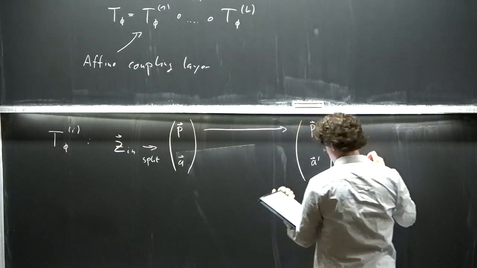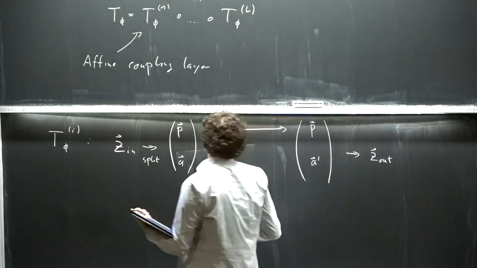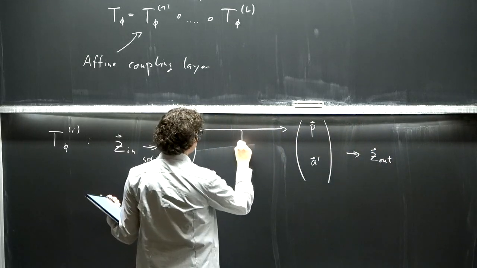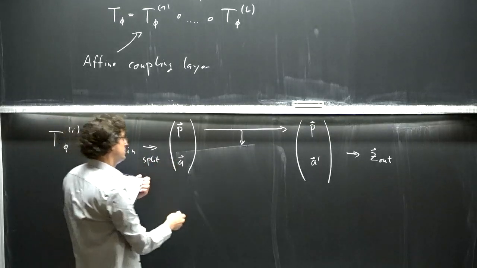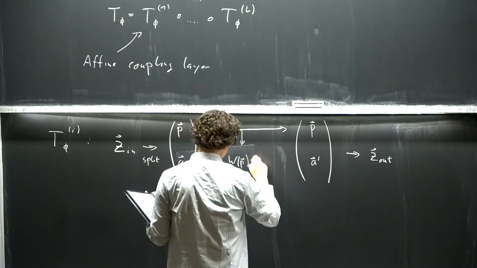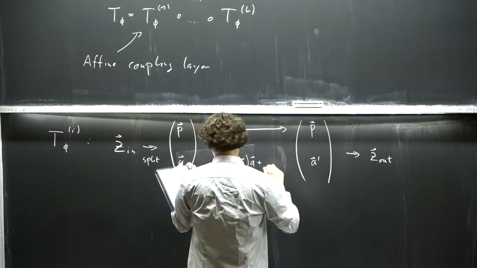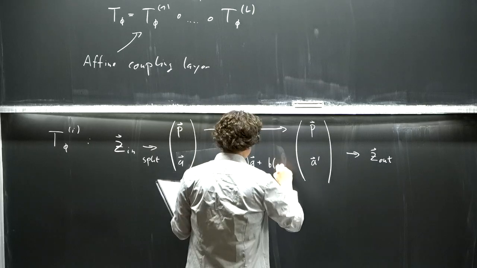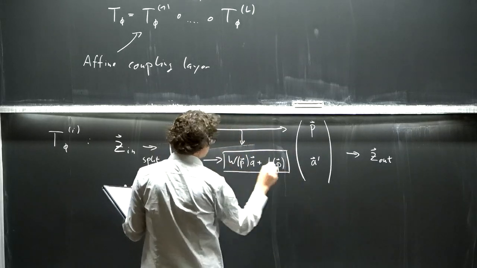The output will be afterwards concatenated. But we use this passive part to now modify the active part, and we modify the active part in a linear way. That's essentially the idea.